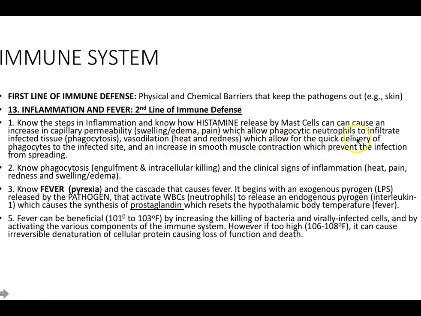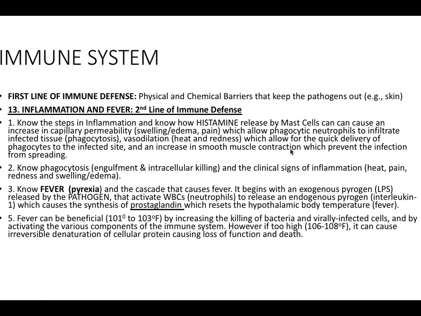Again, vasodilation gets as many phagocytic neutrophils to the area as quickly as possible, which is good. And then the last effect of histamine is increase in smooth muscle contraction. This works well for almost every place in the body except respiratory. For every place else in the body, when you contract the smooth muscle, that's going to help contain the pathogen to that wound area and not have it spread.